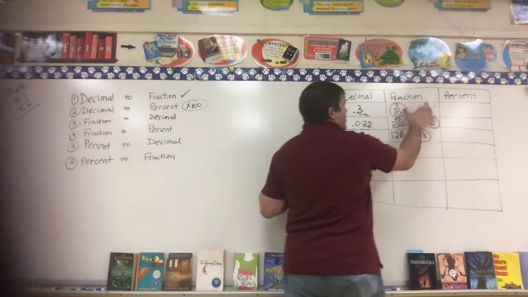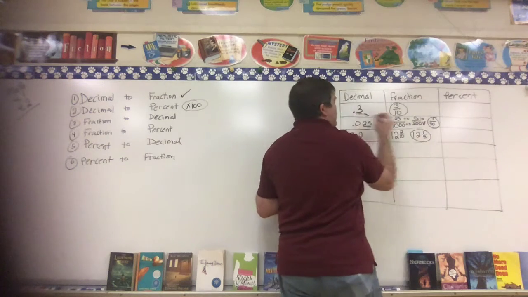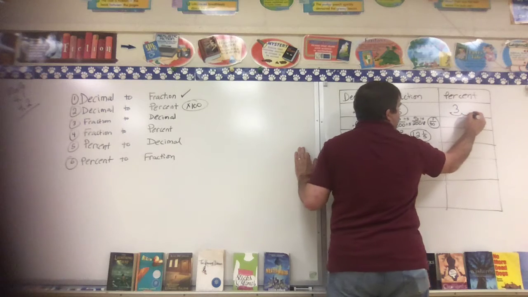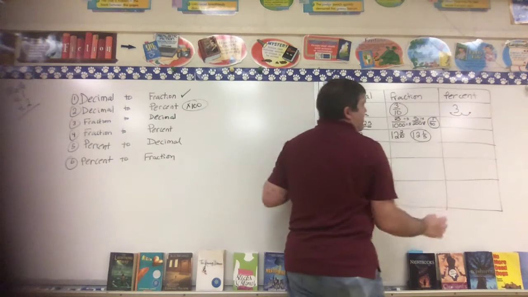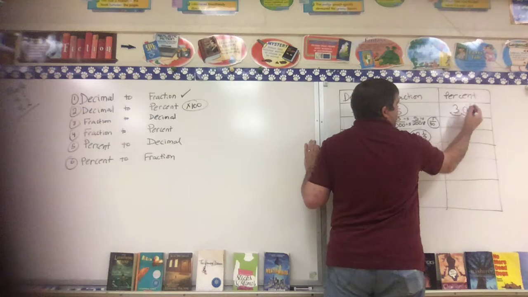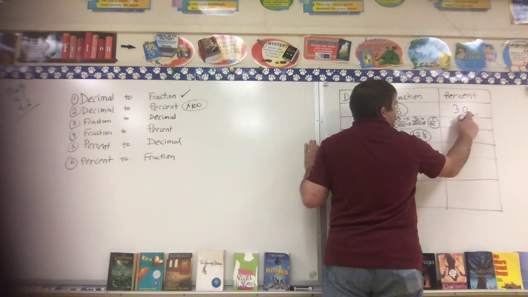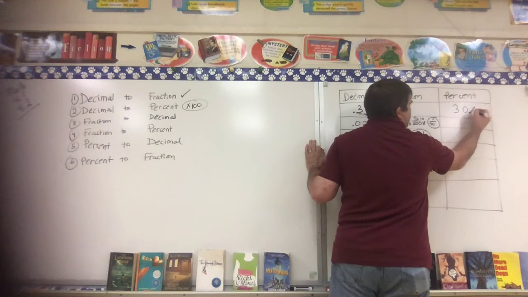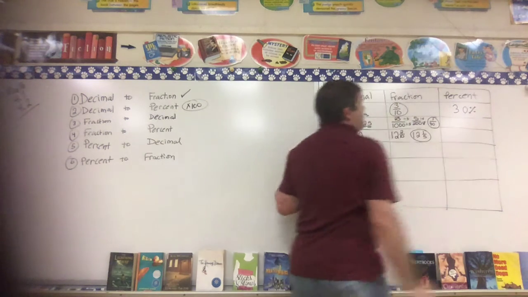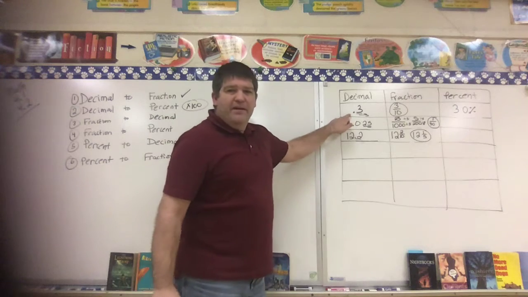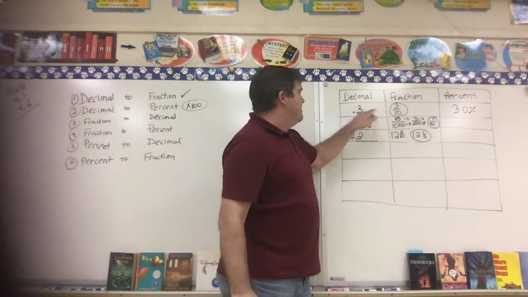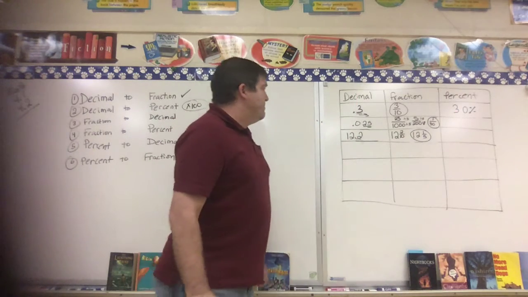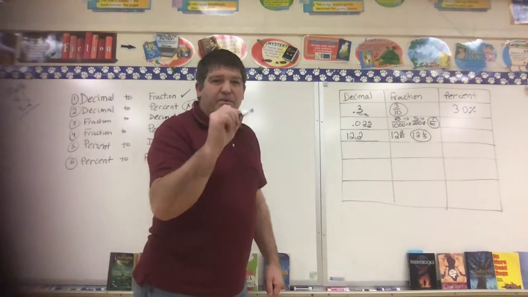So I have 0.3, I go 1, 2, put my decimal there. And because there's nothing here, I need to put a 0 there. Then I get rid of this, and then I put the percent sign. So 0.3 or 3/10 is 30%. That's all you have to do. Move it 2 over to the right.